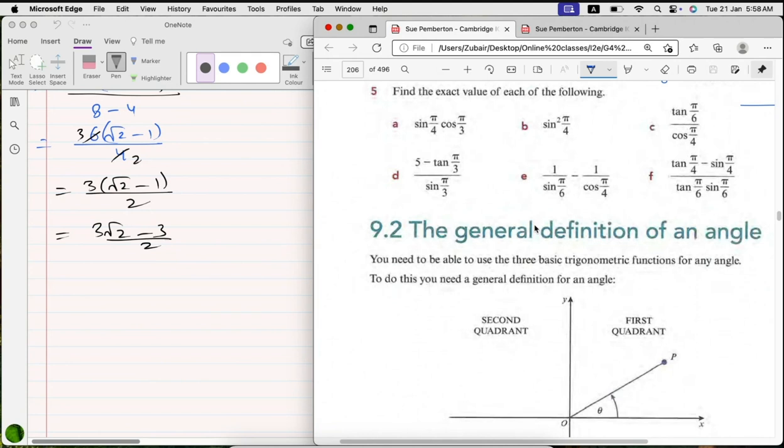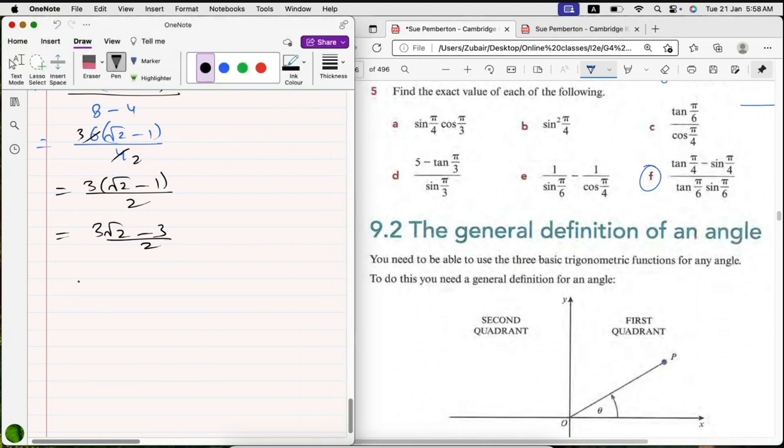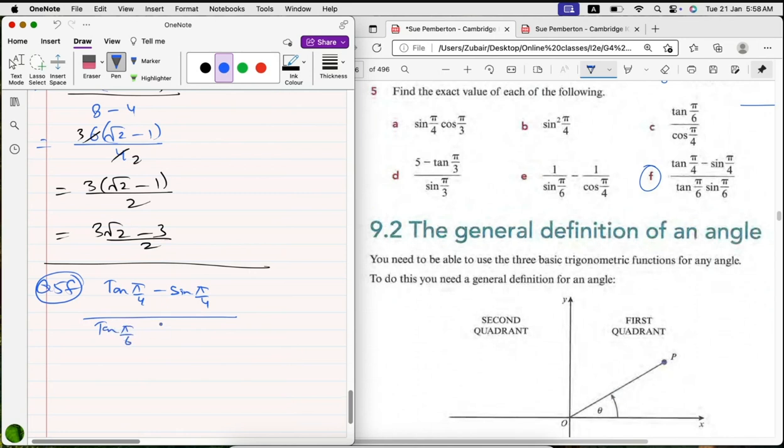F. Okay. Question 5, part F. This is tan pi by 4 minus sine pi by 4 divided by tan pi by 6 multiplied with sine pi by 6.